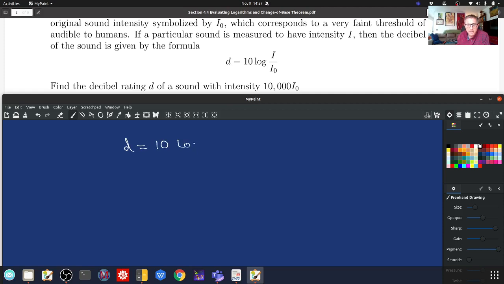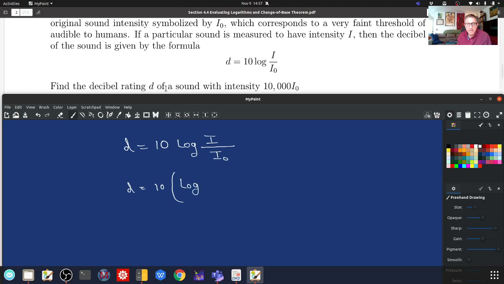So again, this is log to the base 10 of I divided by I naught. So what do we have? We're wanting to find the decibel. So I'm going to multiply 10 by the log to the base 10.